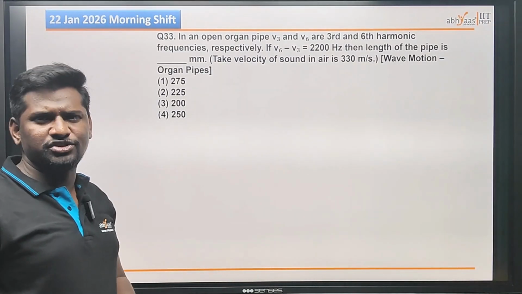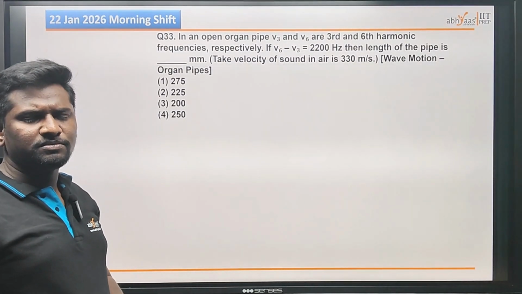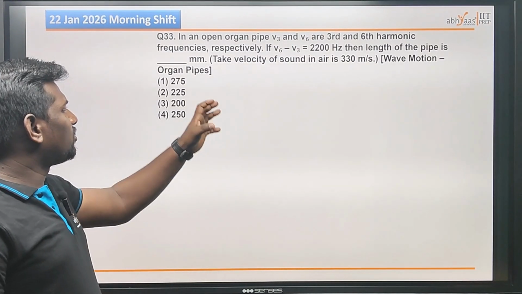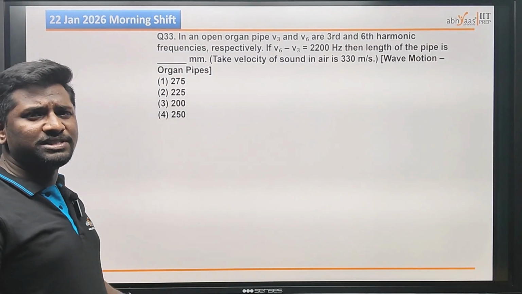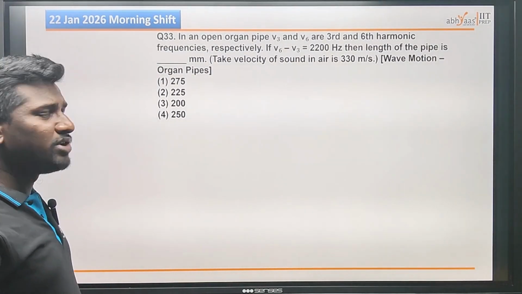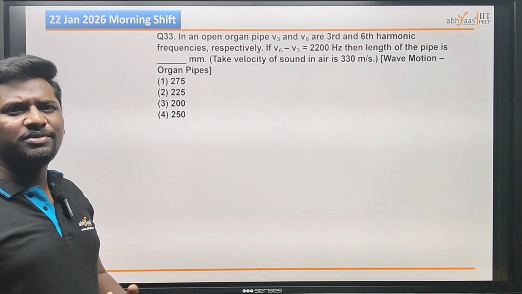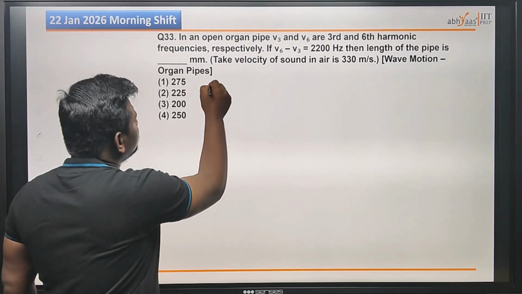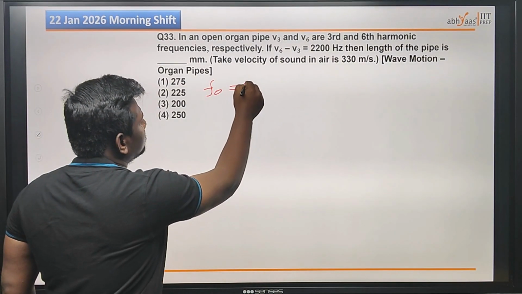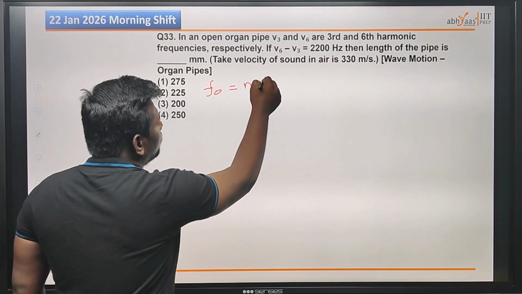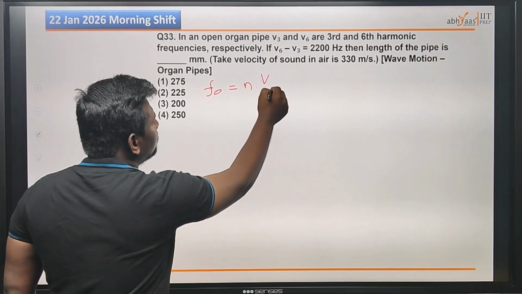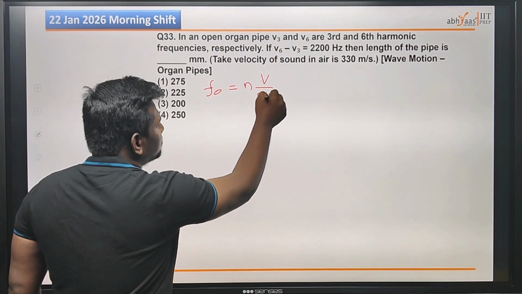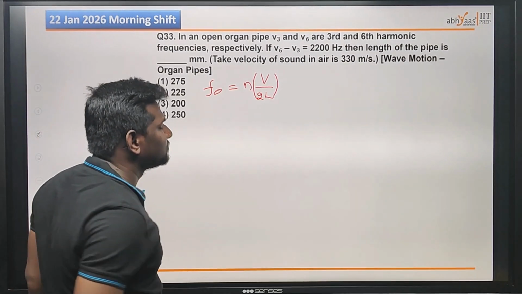They have given the velocity of sound. What do you have to find? You have to find the difference between the sixth and third harmonic frequencies. What is the frequency formula for an open pipe? The frequency of an open pipe can be written as n into velocity of the sound wave by 2 times the length.